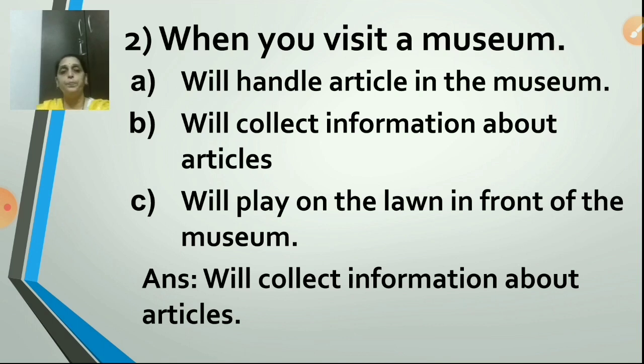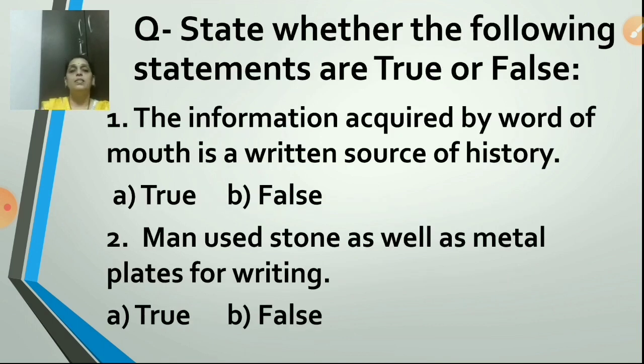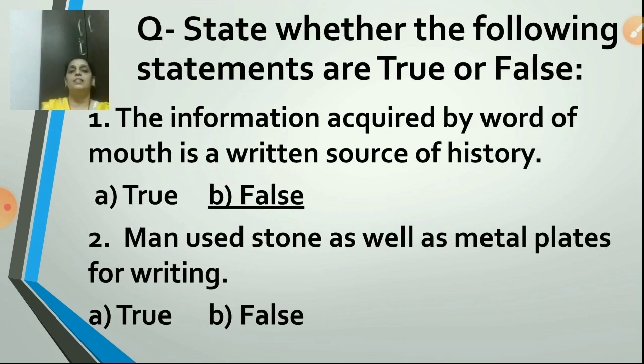Now the next. State whether the following statements are true or false. The information acquired by word of mouth is a written source of history. A true, B false. What will be the answer? Yes, false.